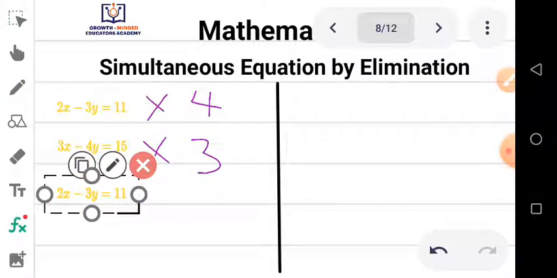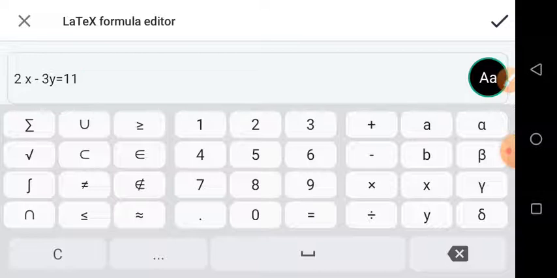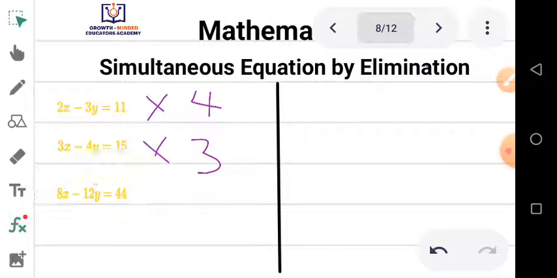If we multiply this by 4, this will give us 8x plus 12y, and that equals 44.